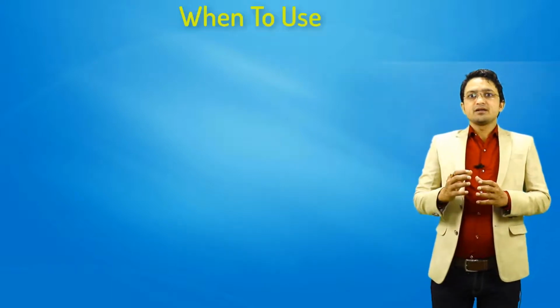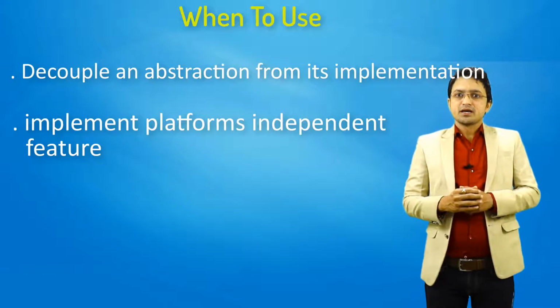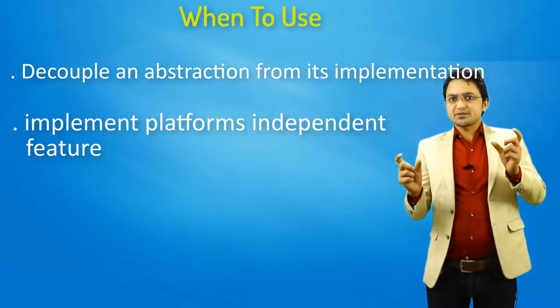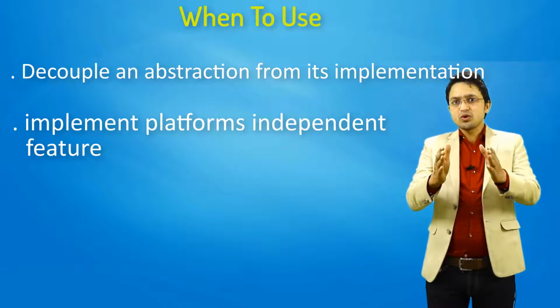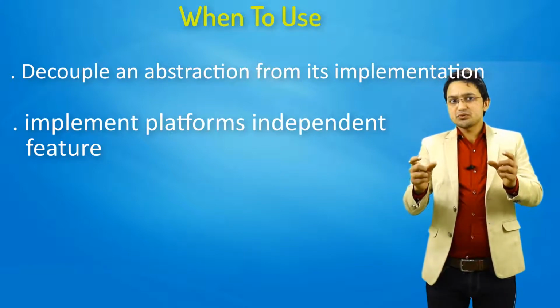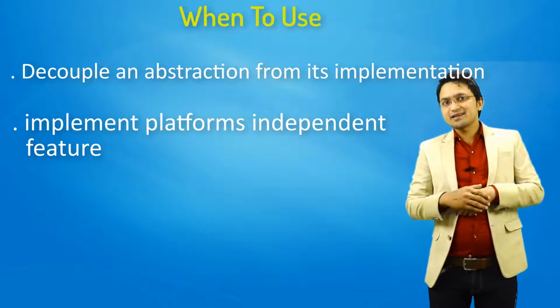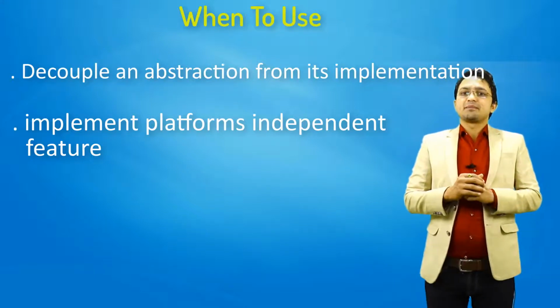Moving on to the next, when to use. When I want to decouple a class into two parts, abstraction and implementation, and the abstraction and implementation should grow independently, in that case I use the bridge design pattern.